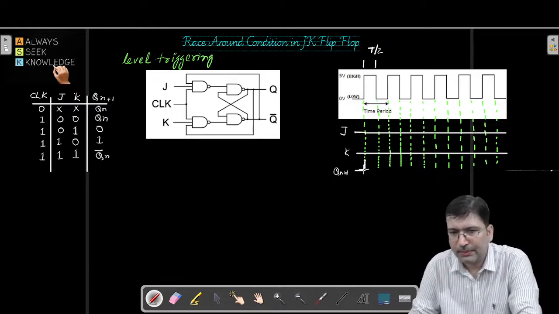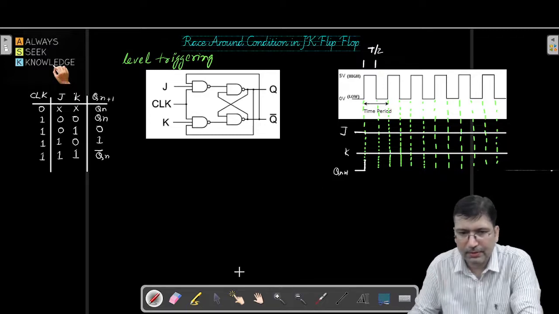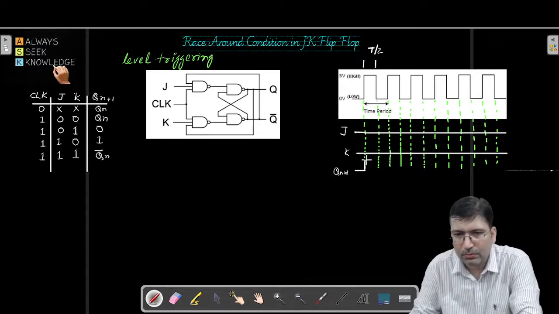And that means if here we are having 1, after some time we will get 0, because it will toggle again. There will be a delay as per the propagation delay, and then it will become 0. And after 0, because again this same condition is true, 1 1 1, because the pulse is 1, J is 1, Q is 1, again it will toggle and it will get value 1.